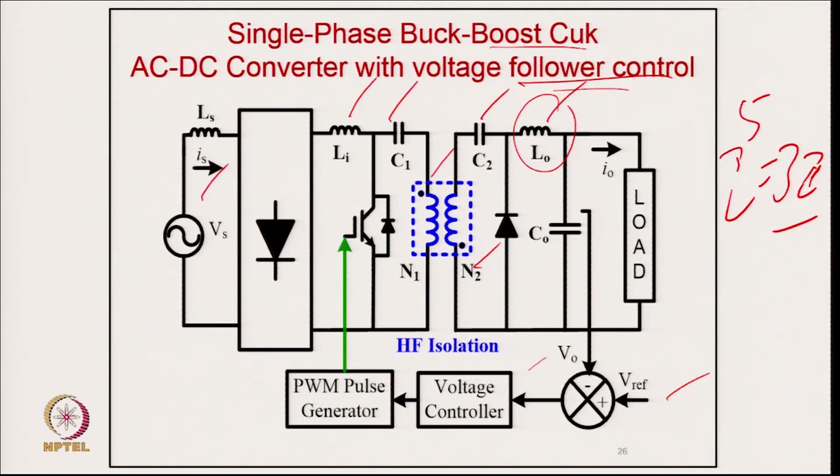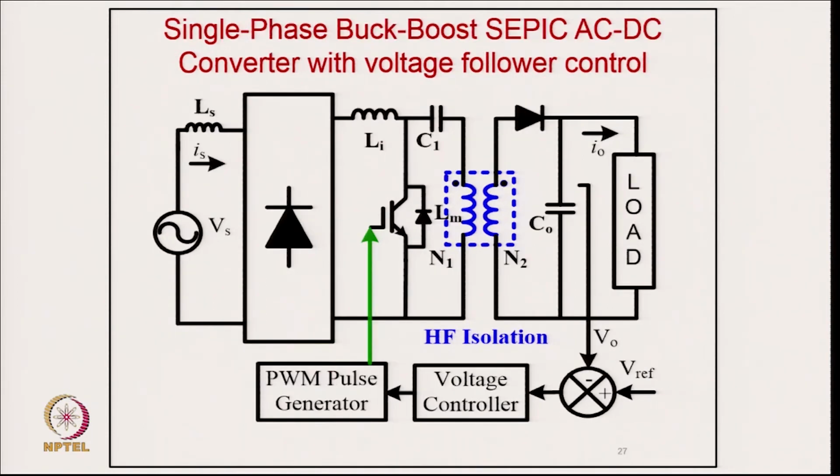Coming to another converter, that is the single ended primary inductance converter, SEPIC, with the voltage follower approach. Again, in this case we can have discontinuous current in the magnetizing inductor, the input inductor, or the capacitor. Normally we prefer to have minimum discontinuous current in the magnetizing inductance.